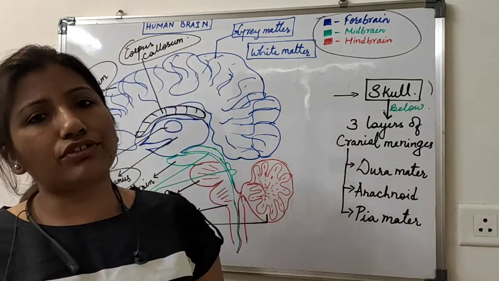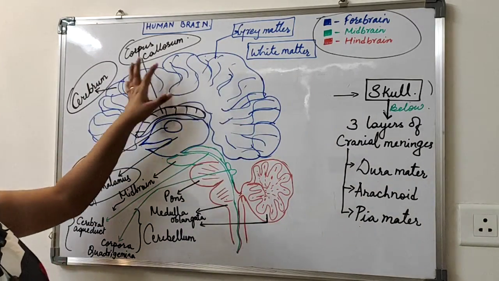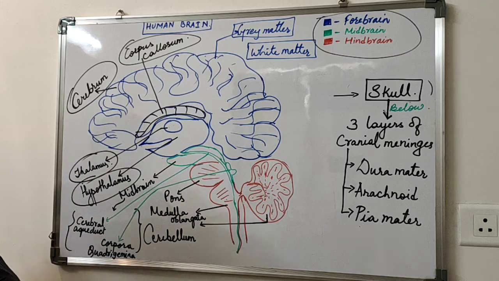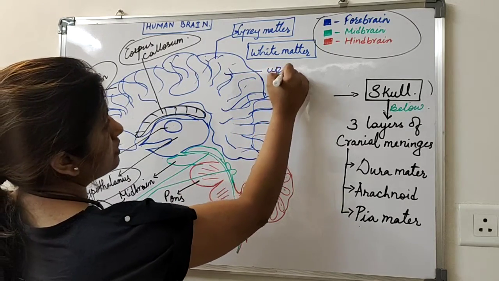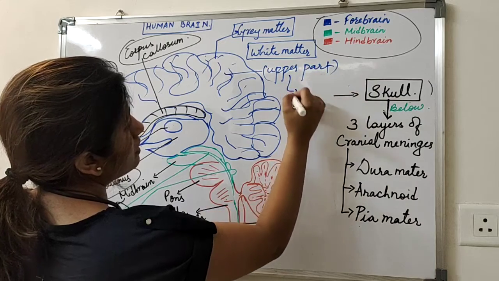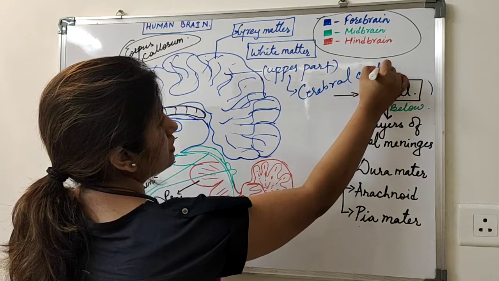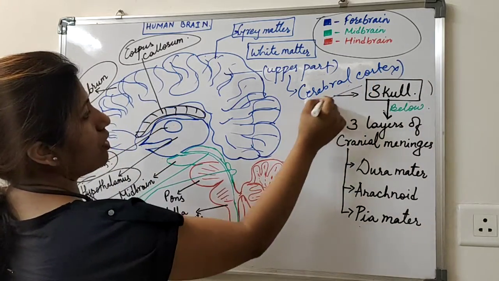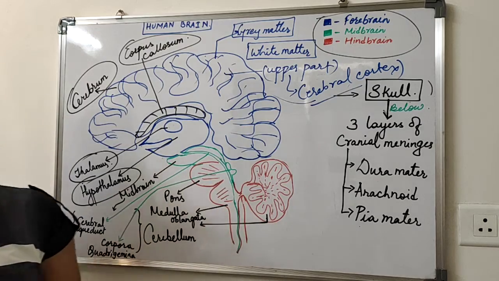The concentration of neuron bodies is high in the upper part of the cerebrum, which is also known as the cerebral cortex. So this cerebral cortex appears grey because of the high concentration of neurons.